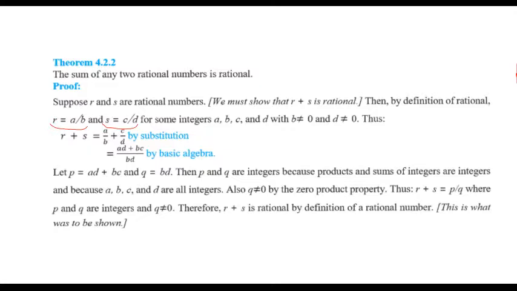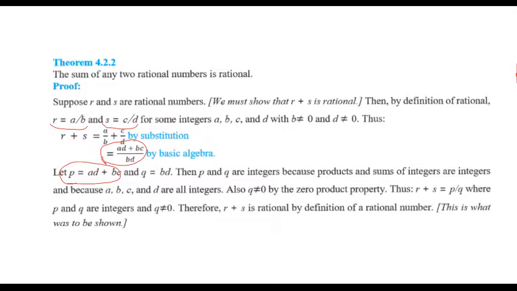By basic algebra, we can conclude that a over b plus c over d is equal to this number, where the numerator is ad plus bc, and the denominator is b times d. So let p be the numerator of this number, which is ad plus bc, and let q be the denominator, which is b times d.